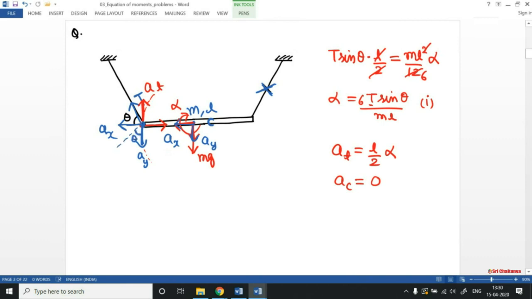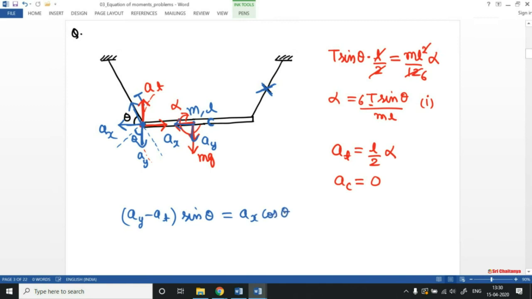Since this point has zero velocity, the component of acceleration towards the string will be equal to 0. So the component of acceleration towards the string, if we equate, would be ay minus AT sine theta, and that would be equal to ax cos theta.